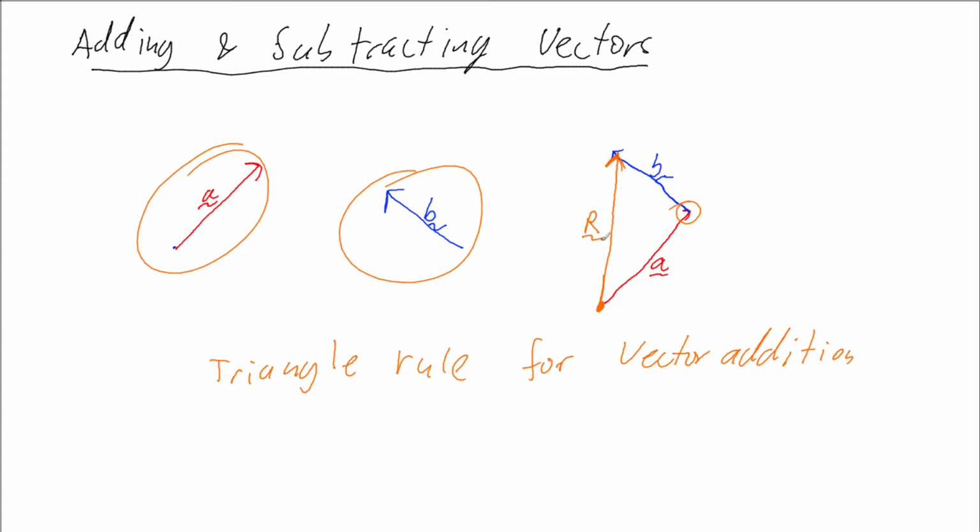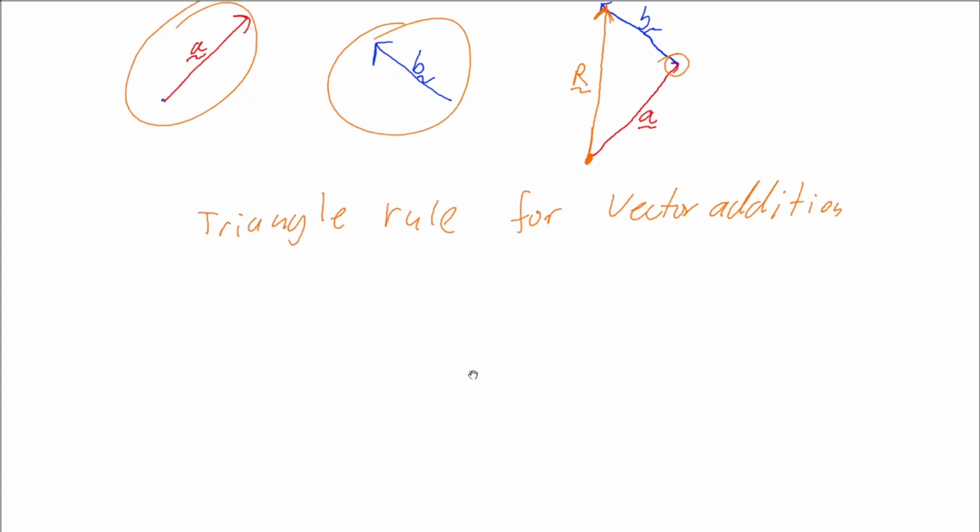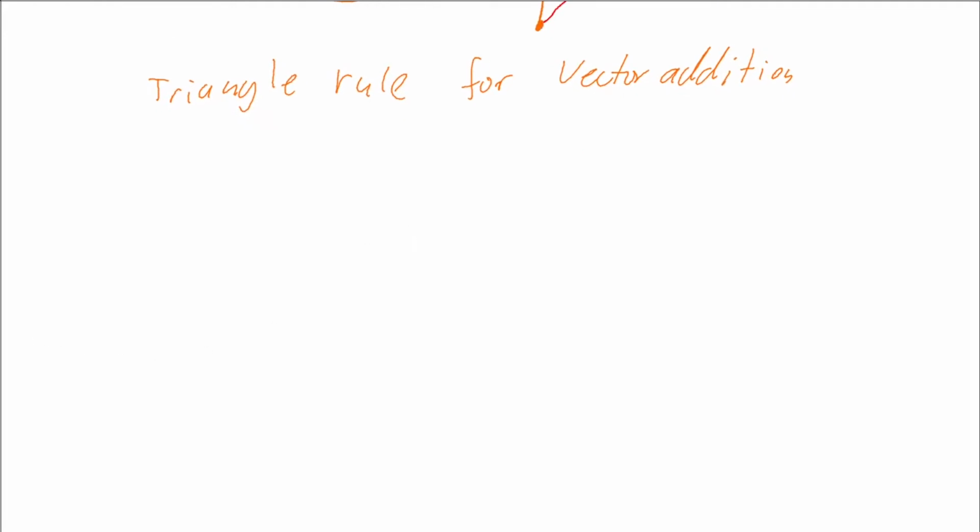So if we want to use this in an example, say I have a block sitting on a surface. I have one vector coming out horizontal, parallel to the surface, and it's 7 newtons at an angle of 0 degrees.